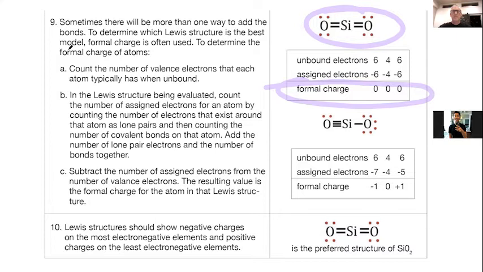What does that mean? What does it mean and how do we calculate it?